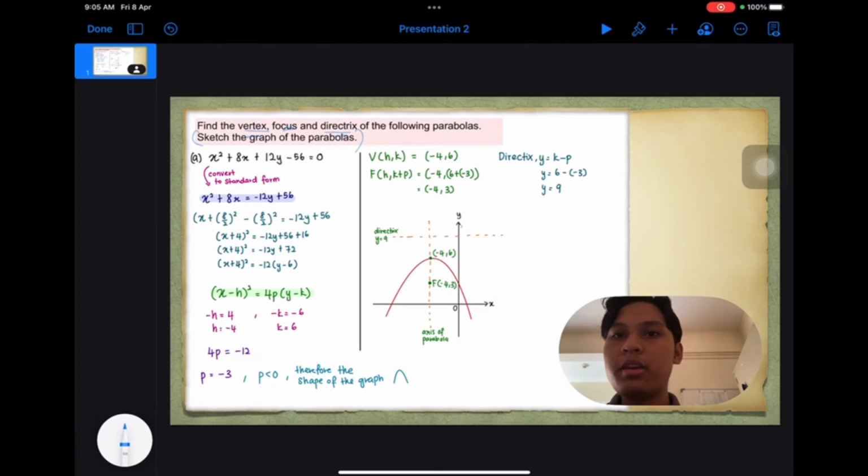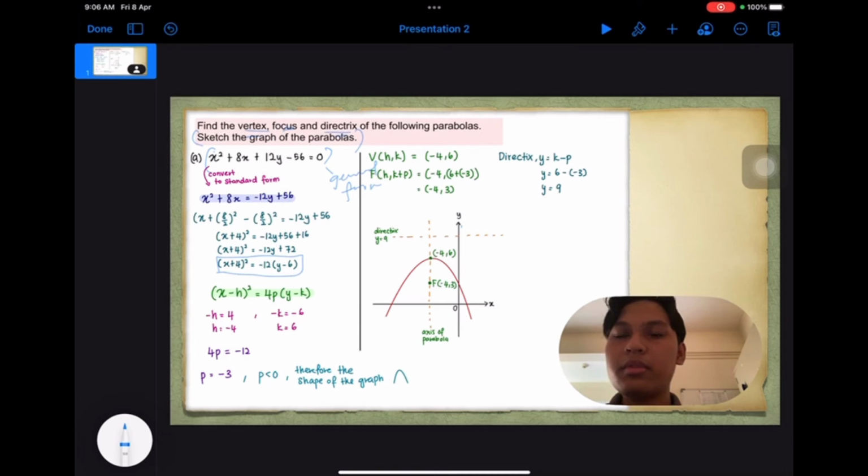As we know, this is in general form, so we need to convert this general form into the standard form. First, we write x squared plus 8x equals -12y plus 56.